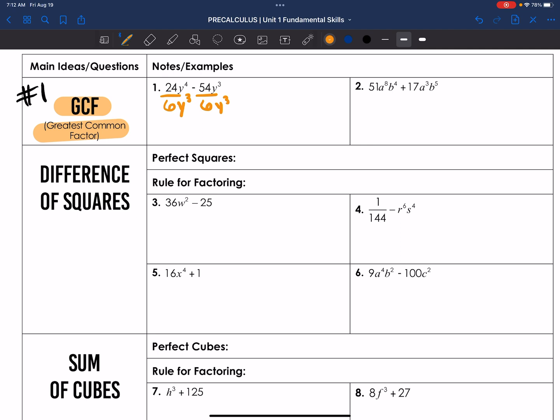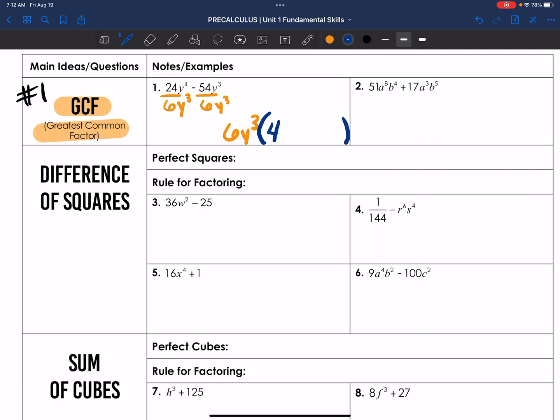Ladies and gentlemen, our GCF is 6. Actually, let me do this a little bit lower. I'm going to write my final answer down here at the bottom. Our GCF is going to be 6y cubed. And what is left inside the parentheses here is the result after you divide. So what is 24 divided by 6? 24 divided by 6 is going to be 4.